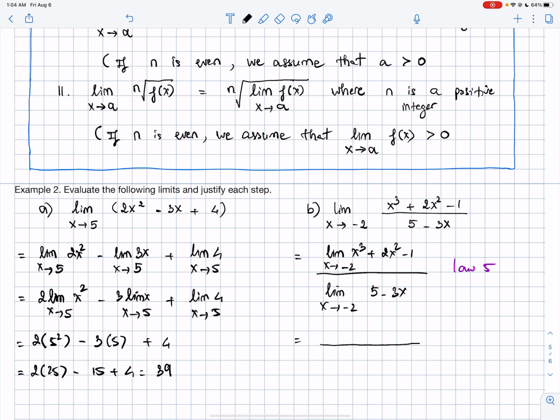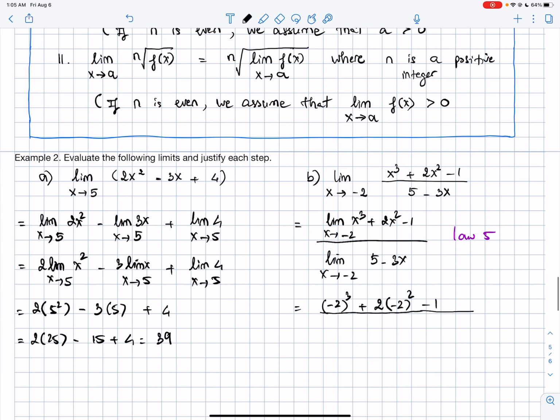So we can separate them, and then we plug in -2. But since we already did it in part A, I'm going to make it fast. We're going to do -2 cubed plus 2 times -2 squared minus 1. And in the bottom, similarly, we just plug in -2 at the x location. Then we simplify the top and the bottom, and we will get -1 over 11.